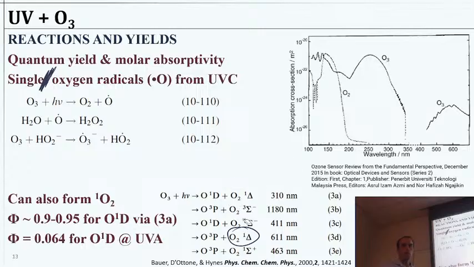Anyway, don't worry too much about all that. My point is just that we get all sorts of radicals, and if you're interested in this stuff, we can talk more about it. It also means if you're worried about the ozone layer, it's actually catalytically produced when ozone absorbs strong UV.